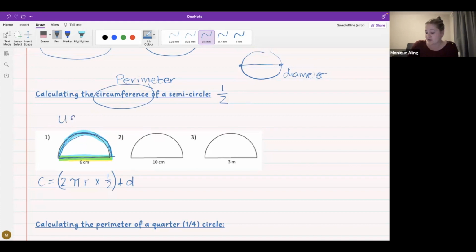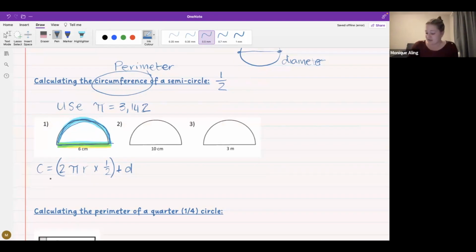We are going to use pi is equal to 3,142 because that is asked quite often. So let's just get into that habit. So if I substitute into this formula, it is 2 times 3,142. My radius is half my diameter. So to get the radius, I would say 6 divided by 2, which is 3.